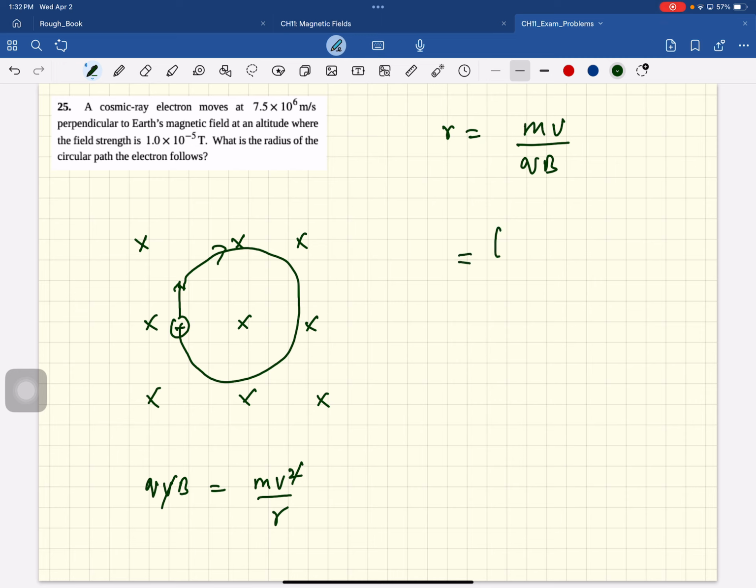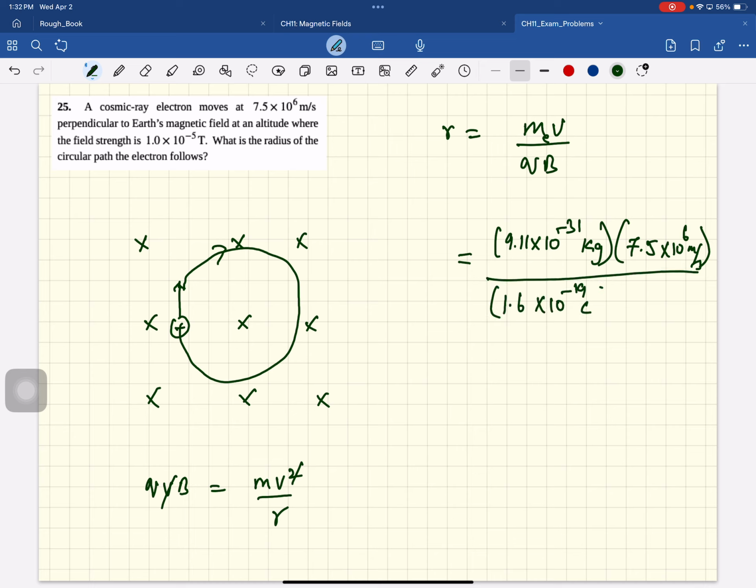The mass of the electron is 9.11 times 10 to the minus 31 kg. Velocity is 7.5 times 10 to the power 6 meters per second. The charge of the electron is 1.6 times 10 to the minus 19 coulomb, and the field is 10 to the minus 5 Tesla.